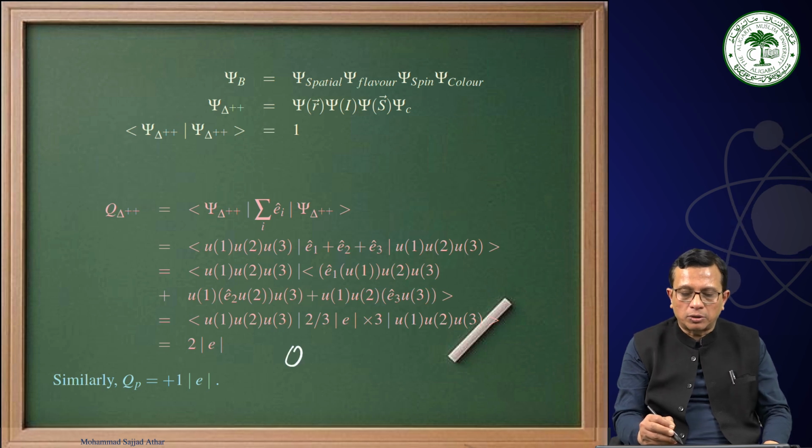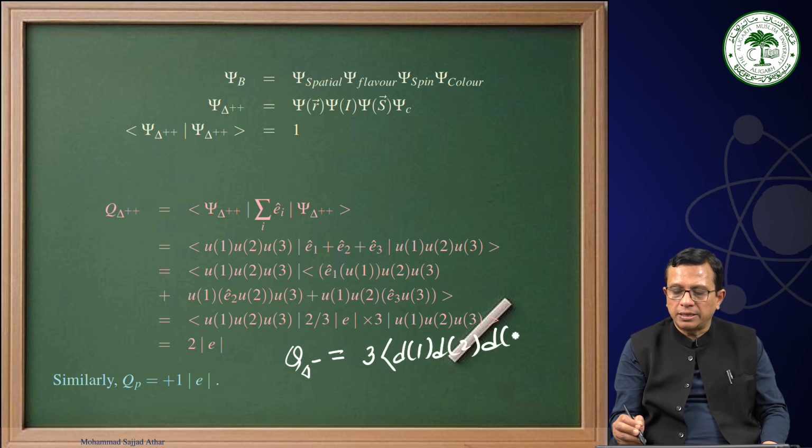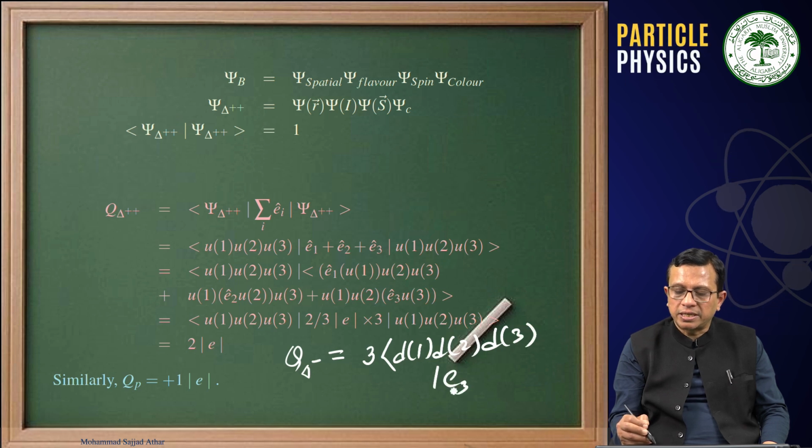Similarly, if I talk about evaluating the charge of delta minus, then this will be 3 times the E3 operator operating on D1, D2, D3.